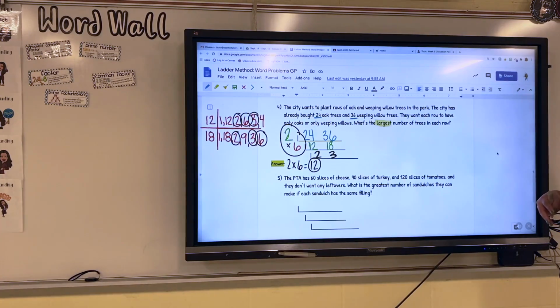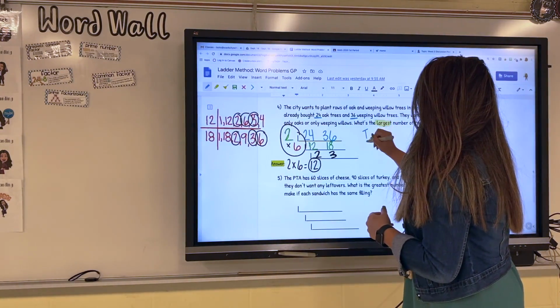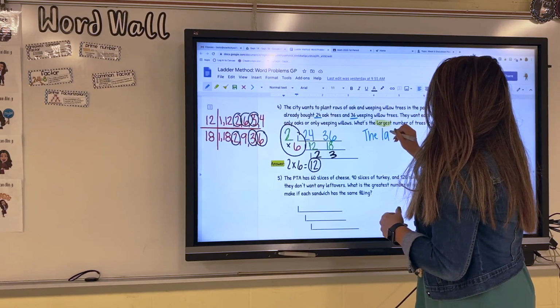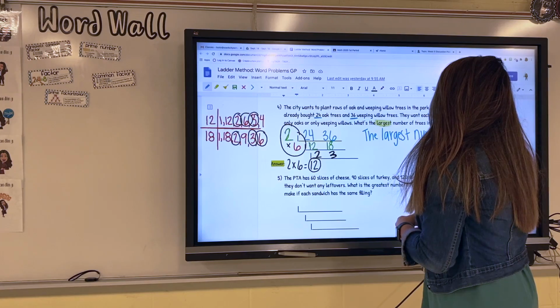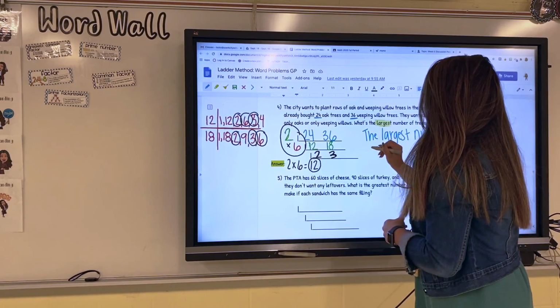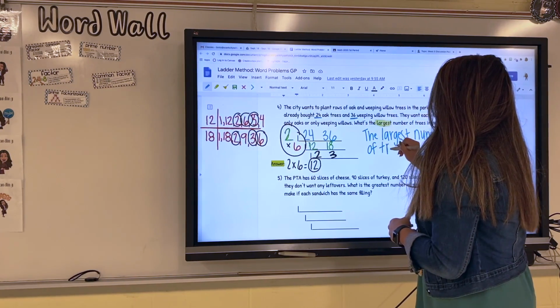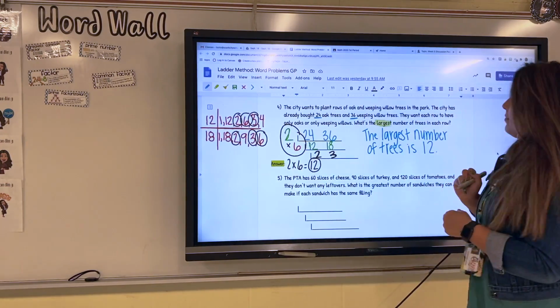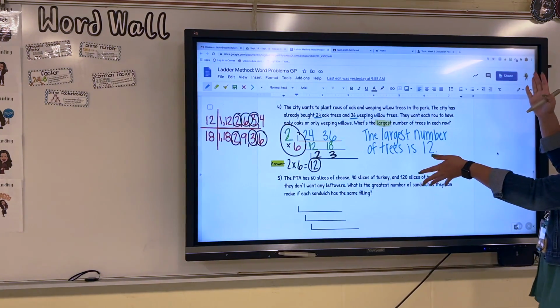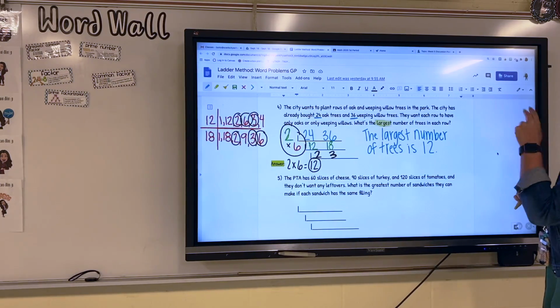It says, what's the largest number of trees in each row? So I'm going to say the largest number of trees is 12. And there it is. All right, we got 2 more to go.